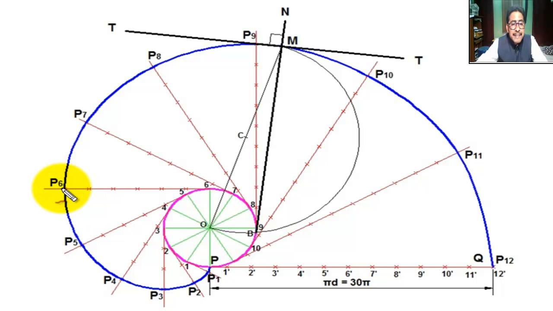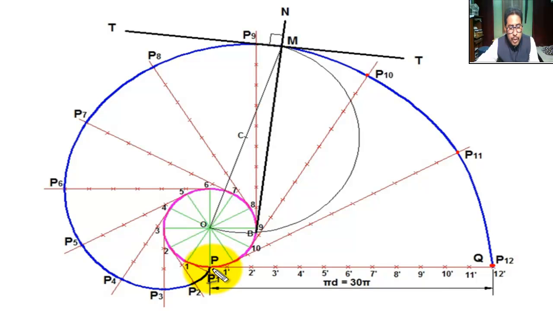In this way we mark P6, P7, P8, P9, P10, P11 and P12. Okay.